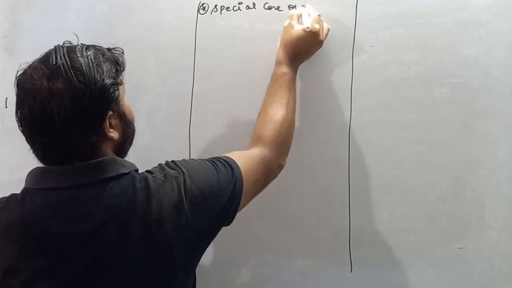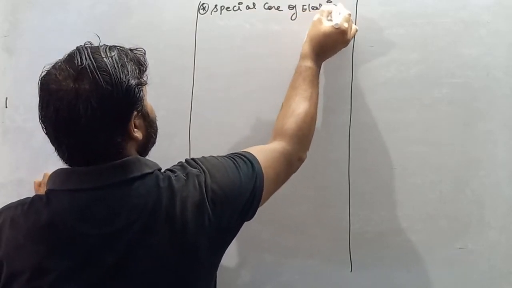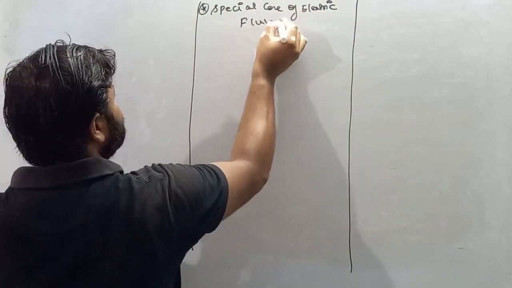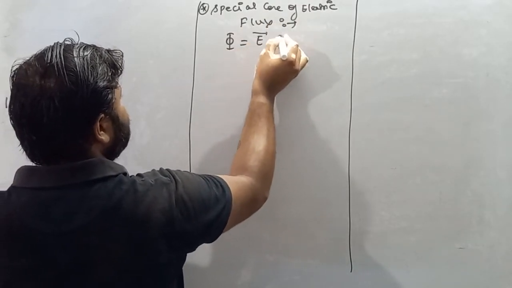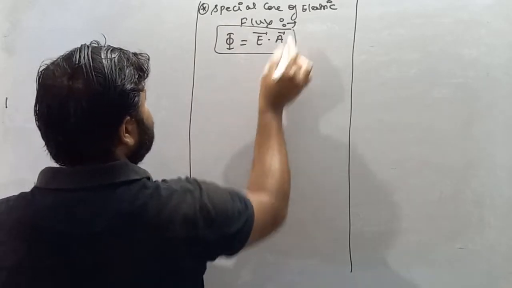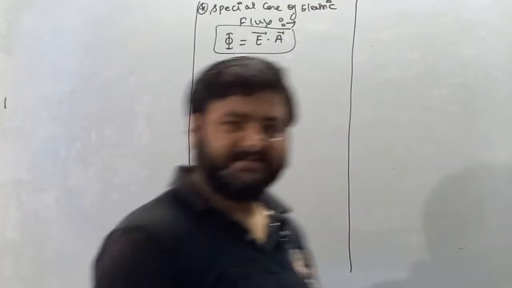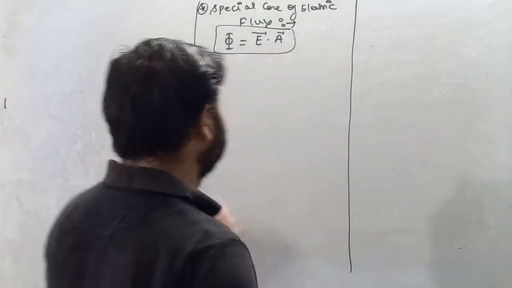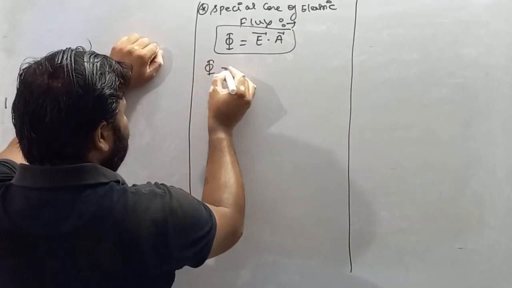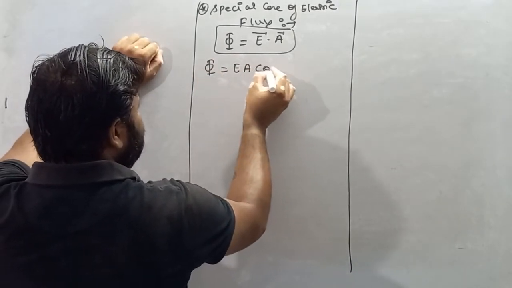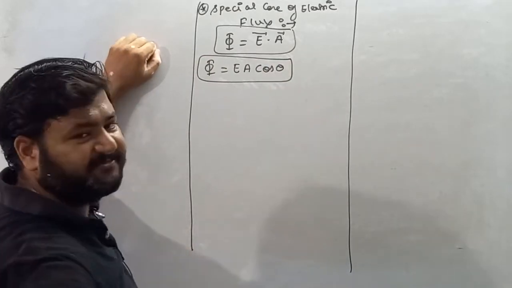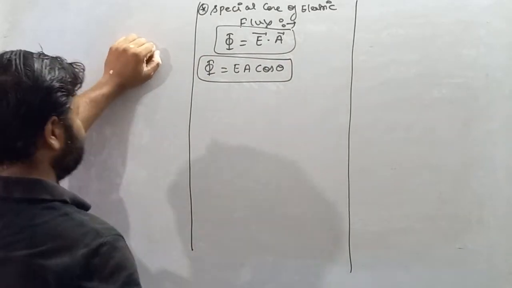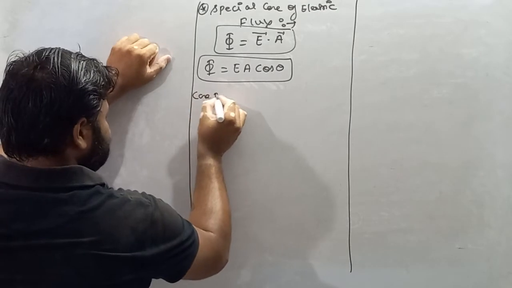We know that flux is basically the dot product of the electric field and the area vector, that is E vector dot A vector. It is a very easy part. We'll write it as EA cos theta, where theta is the angle between the electric field and the area vector.